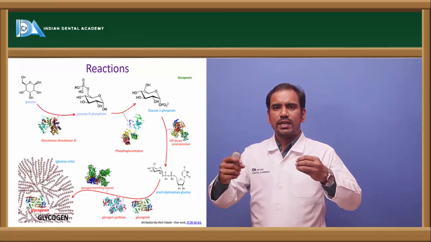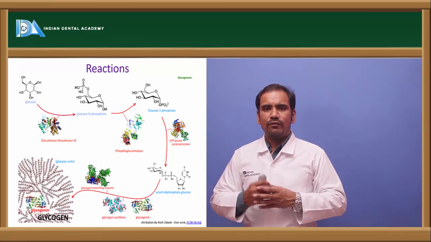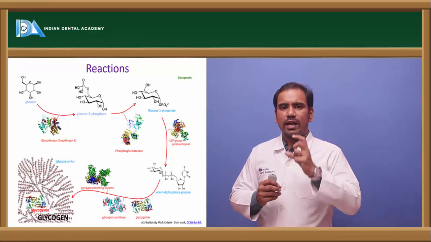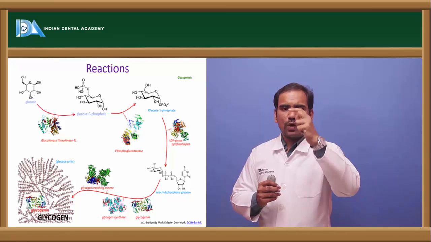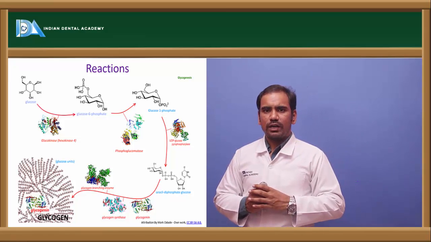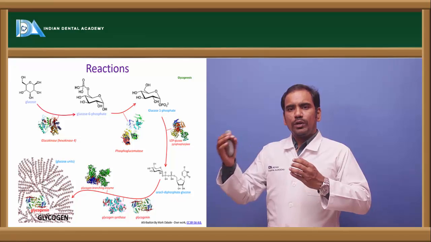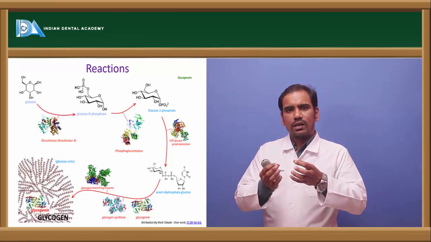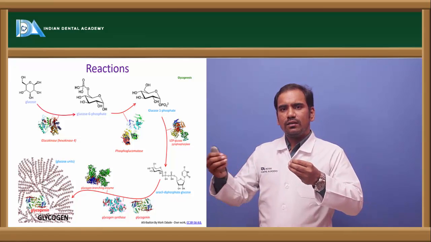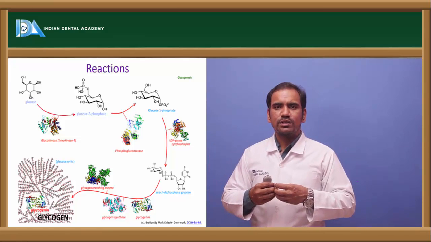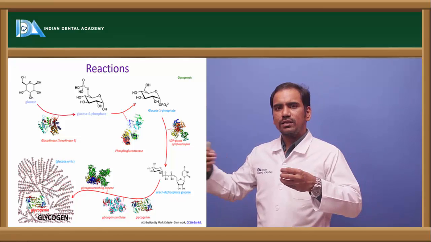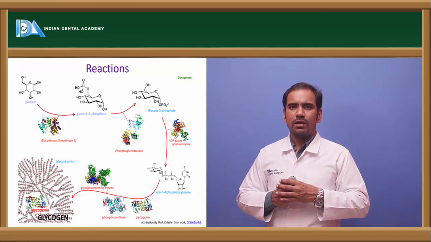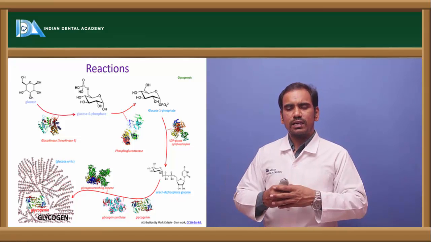So in the linear chain we have 1 to 4 linkages, whereas only at the branch points, created by the branching enzyme, do we have 1 to 6 linkages. Again UDP glucose units come, and the incoming glucose units are added to the chain by the action of glycogen synthase. Again chain elongation occurs and branching occurs by the action of the branching enzyme, so one more branch is created.